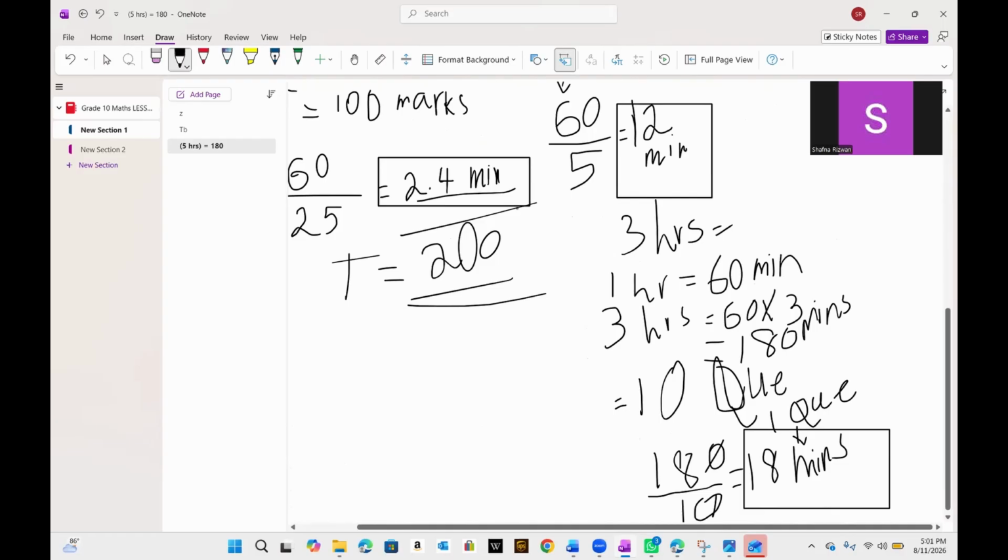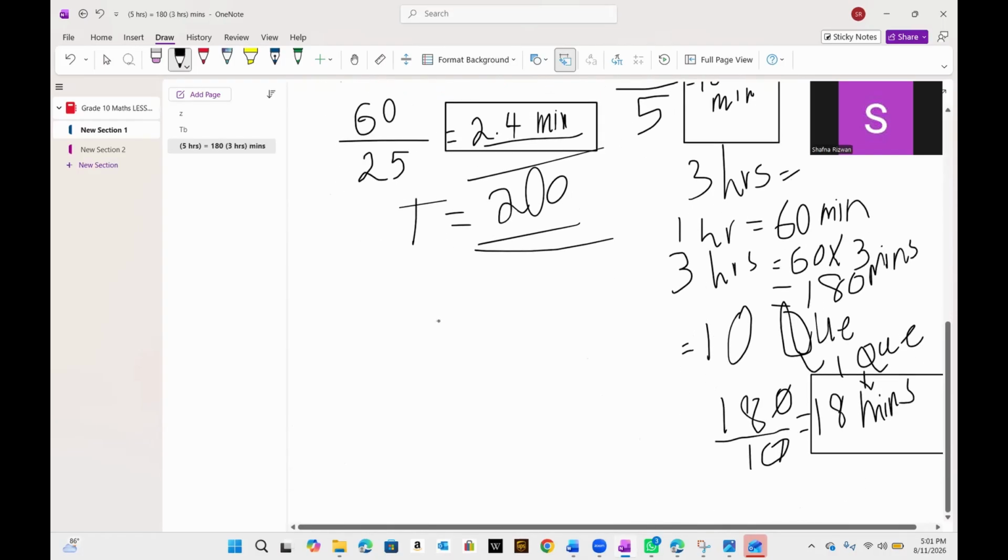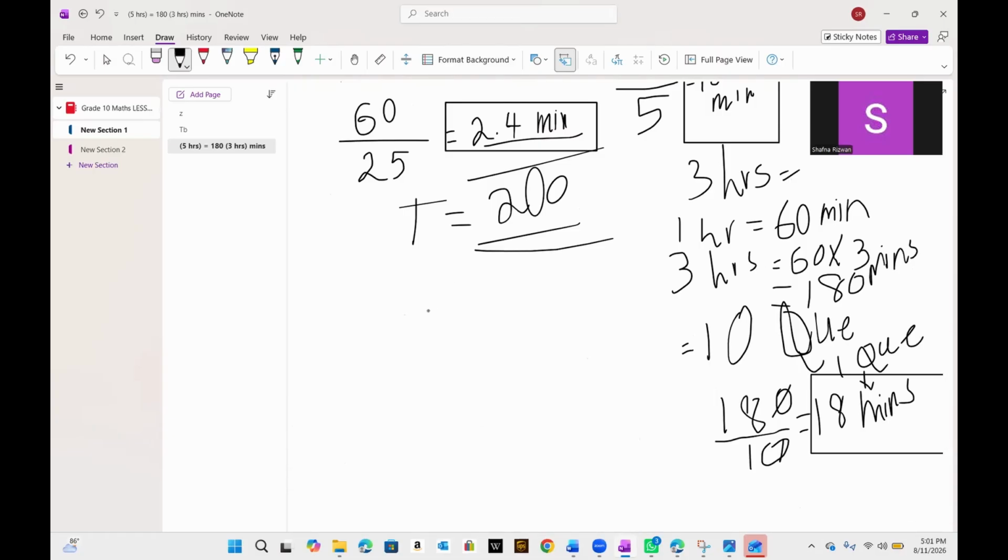Another thing I wanted to say about this paper is that, as I told you, the total paper marks is 200. Now, some people might have confusion about how to calculate their marks, right? Now I'll teach.